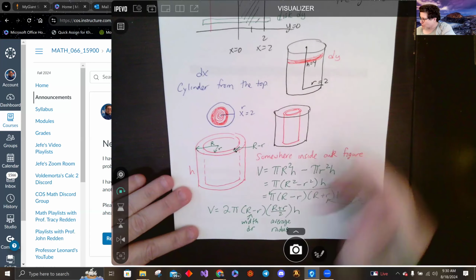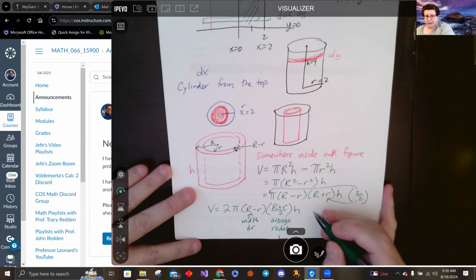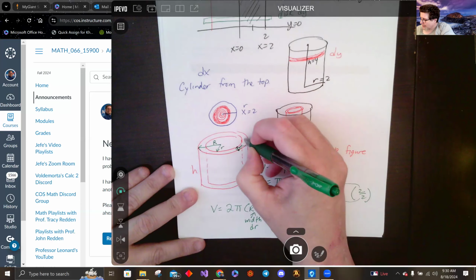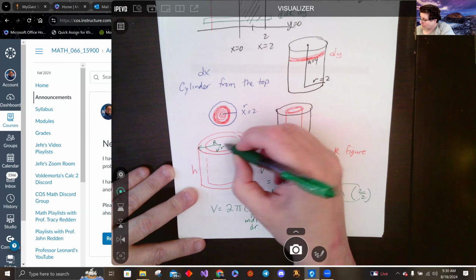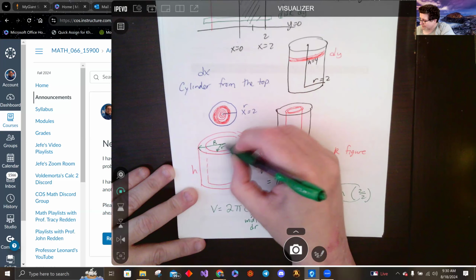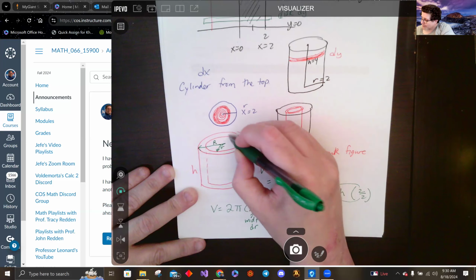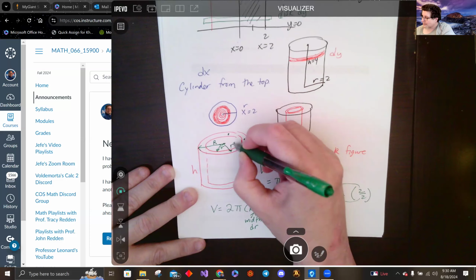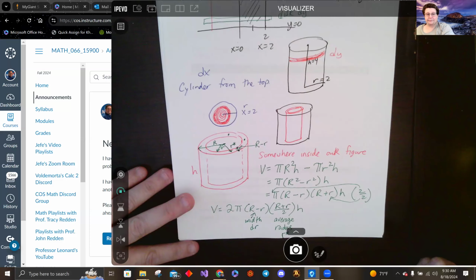So like maybe this is r star. And r star is, wow, I didn't do that from the center very well. There we go. Let's put it right there. R star is like halfway between, kind of thing.